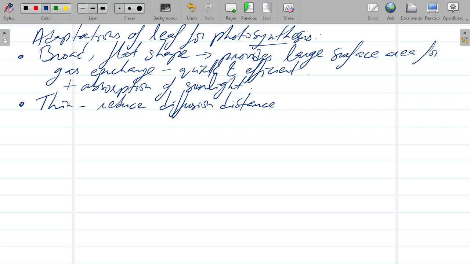And one of the features that affects the speed of diffusion is the distance across which particles need to diffuse. So, right, the leaves are thin, and that reduces the diffusion distance by quite a lot, obviously. And so carbon dioxide is easily able to diffuse in, and it also makes it effective for sunlight to penetrate the leaf and get to the cells that contain the chloroplast.